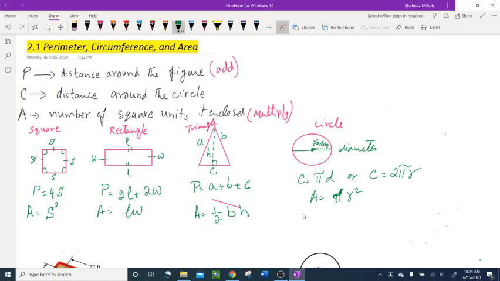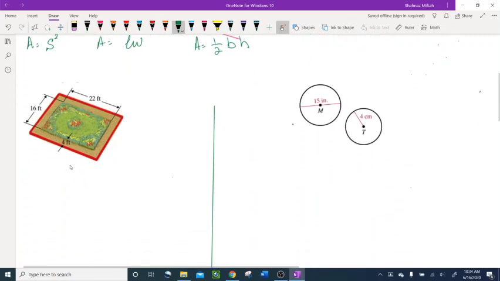Now let's do some examples. If you pay attention, this example is a garden. The green that you see, a rectangle, is the garden, and they are planning to place edging on the outside of the path. You see, this is the outside path, and they are placing edging.